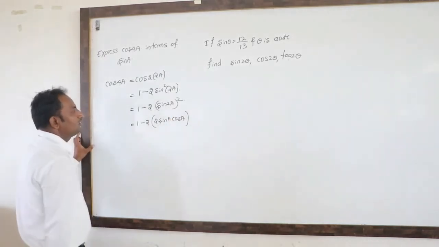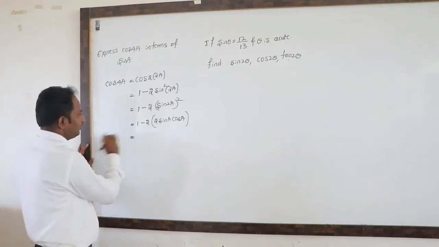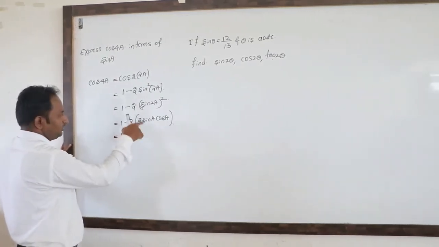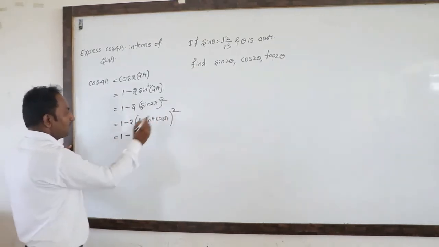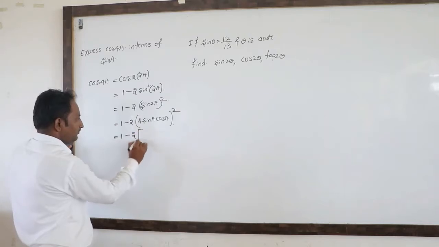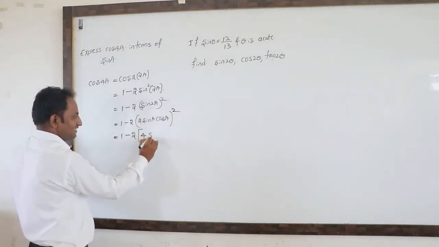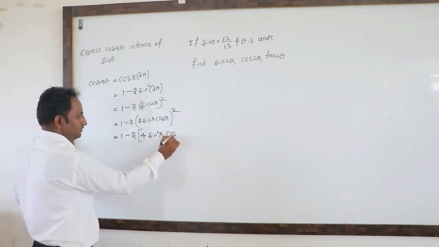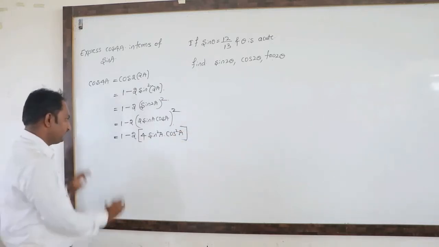That is equal to 1 minus 2 into (2 sin a cos a) whole square, that is 4 sin square a into cos square a.